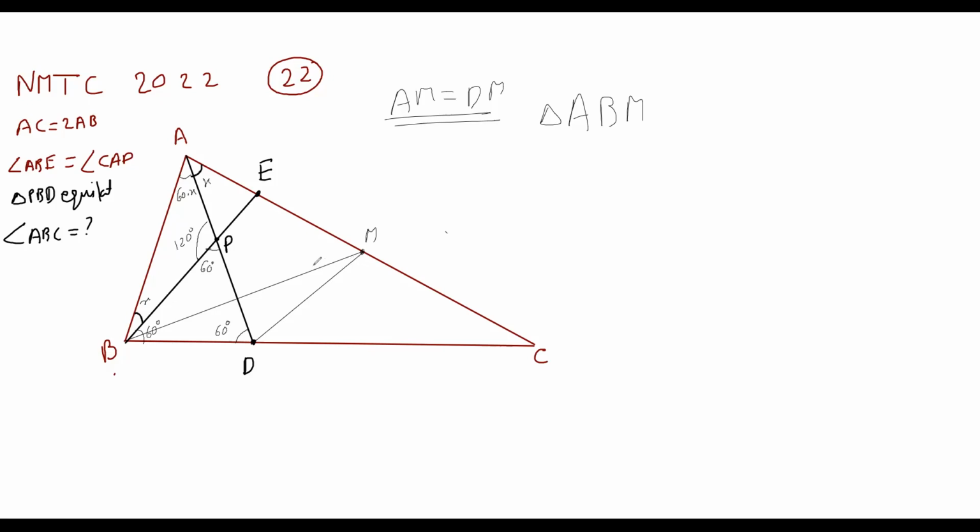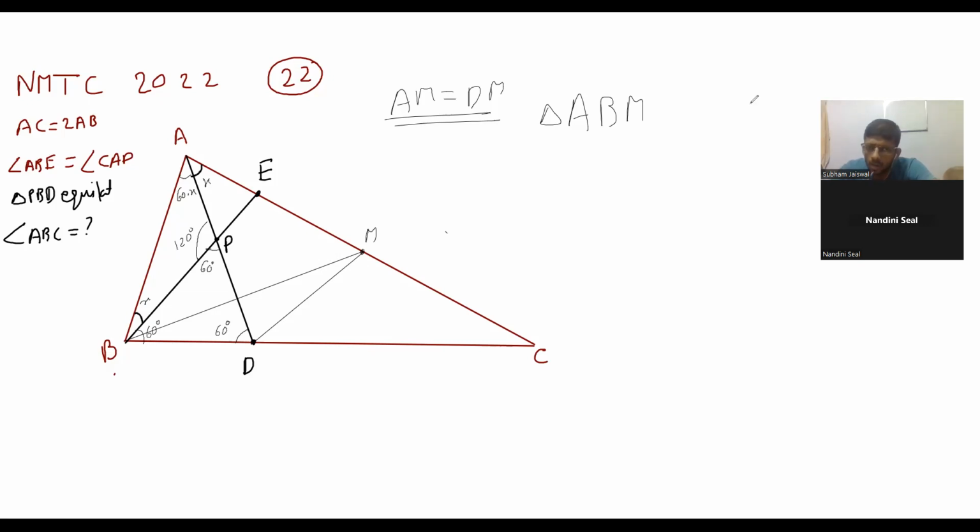So you agree that AB equals AM? Yes, sir. AB is equal to AM because I have just bisected AC. That was the very purpose why I bisected it, so that I am able to use that fact, right?